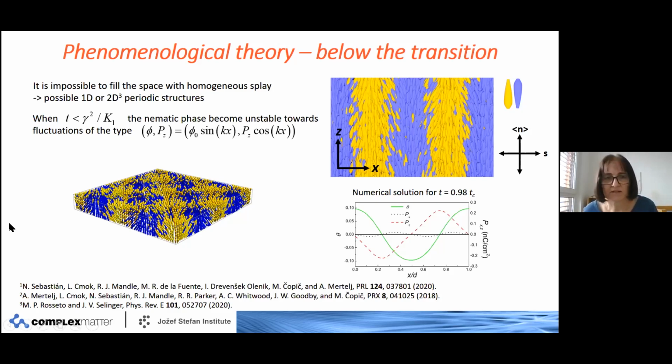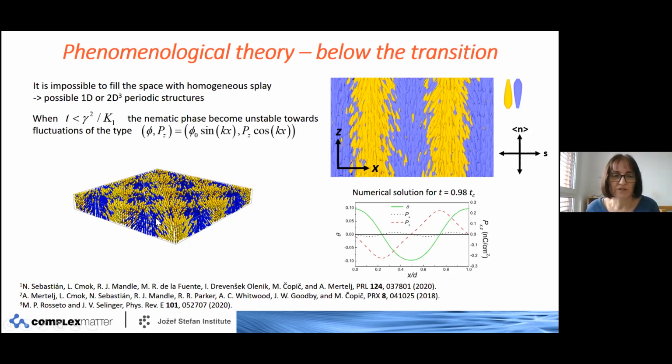We get the structure as schematically shown here, a 1D periodic structure in which splay deformation is periodic and is accompanied by a periodic modulation of the amplitude of the polarization. Here, different colors denote the orientation of the molecules either in up or in down position, and with it also the direction of the polarization changes.